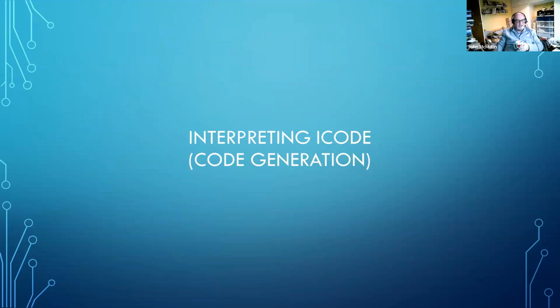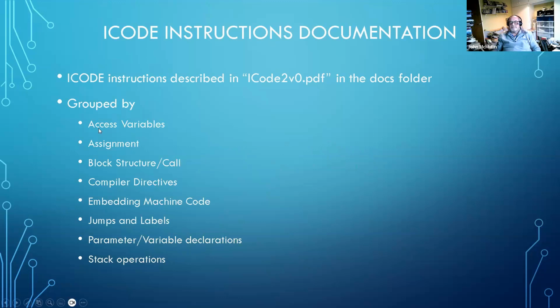Next. This is where we really start to get inside the compiler. This is for the pass2 phase, where what's ICode? What's it like? Well, I've done a document to try and describe the ICode instructions, which is in the document folder of the repository.